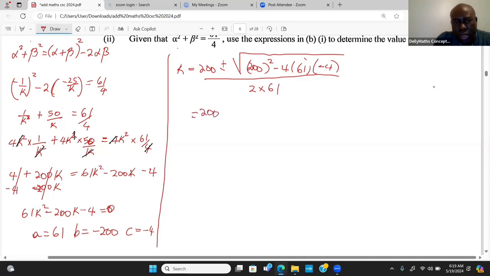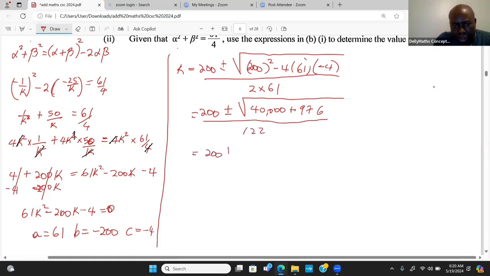So this is 200 plus or minus the square root of 200 squared, which gives me 40,000. Let me work out the other one: negative 4 times 61 times negative 4. We're going to get about 976. All of this will be over 2 times 61, that's 122.